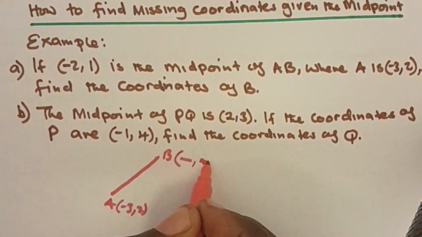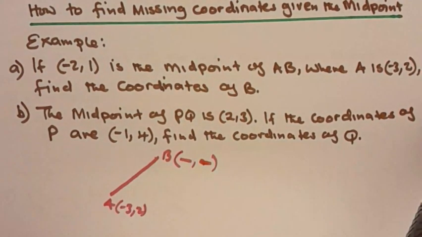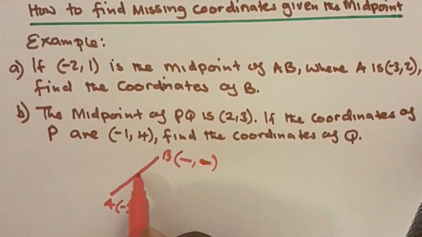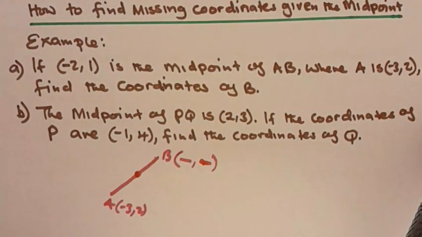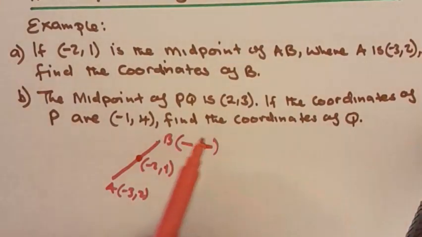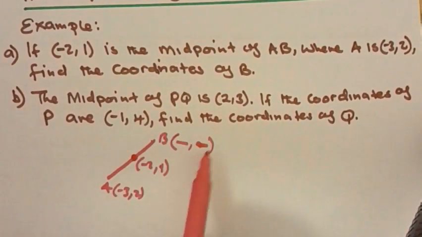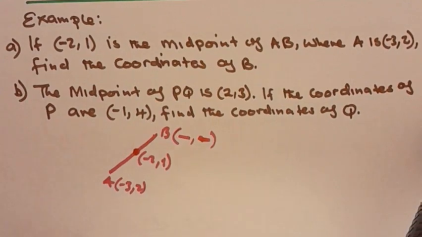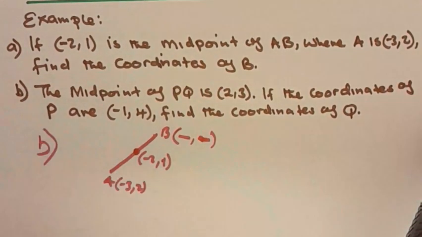These are the coordinates that they want us to find, and we have been given the coordinates of the midpoint of this line. Okay, so we have been given the coordinates of the midpoint of this line, so negative 2, 1. So now they want us to find the coordinates of B, the missing coordinates. Okay, so this is B.